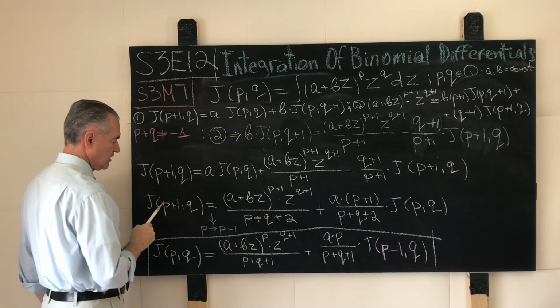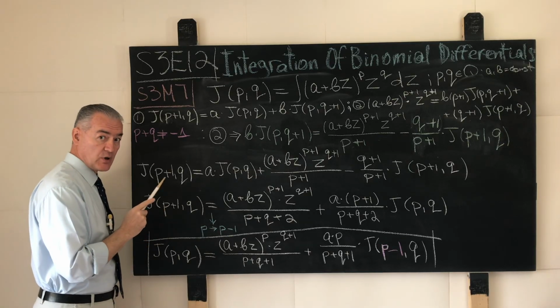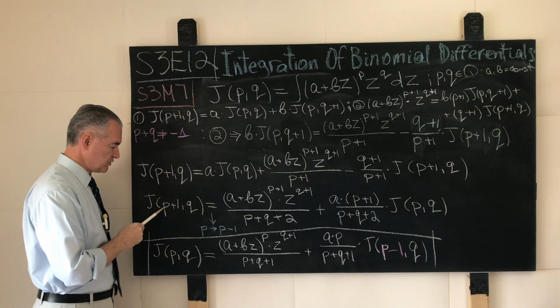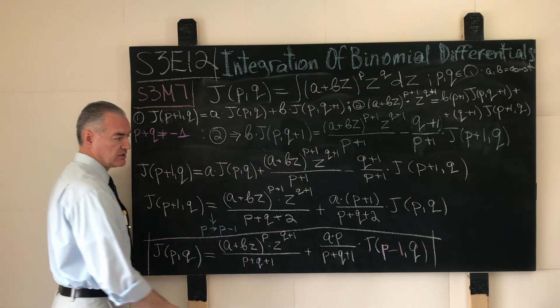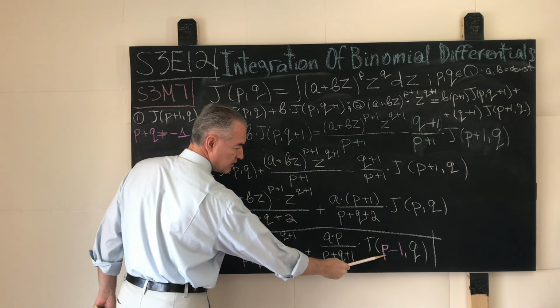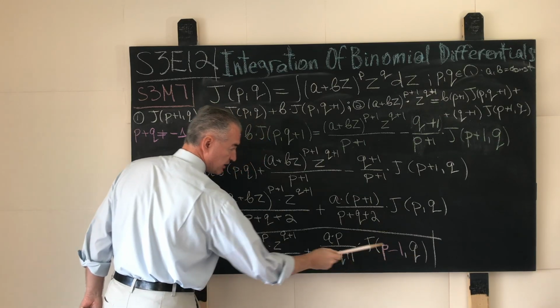And then if in that case we iterate p down by 1, replace p with p minus 1, this will become the integral j of p and q exactly, but then in the end we will have the integral j where the variable q is what it is, but p is replaced by p minus 1.